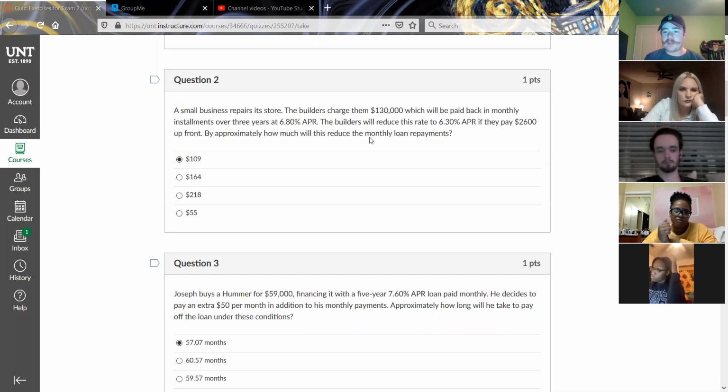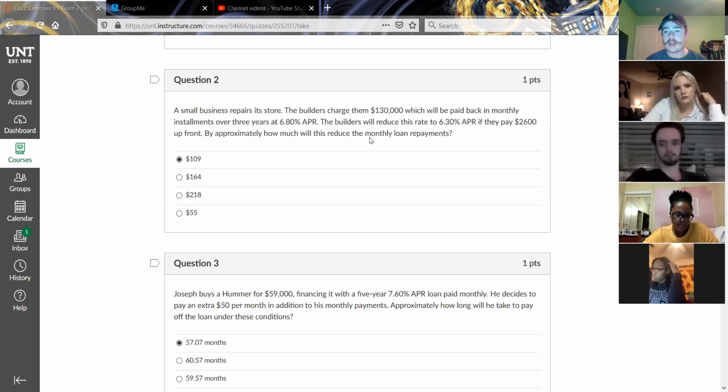You calculate for payment, and then you do the same thing with the new 6.3% APR, and then $127,400 instead of $130,000 to pay it up front. And then you subtract them to get the difference for what the payments are. Ended up being $109 difference.